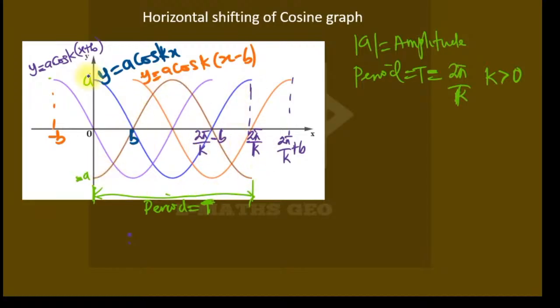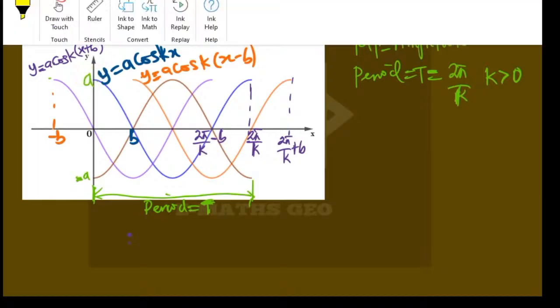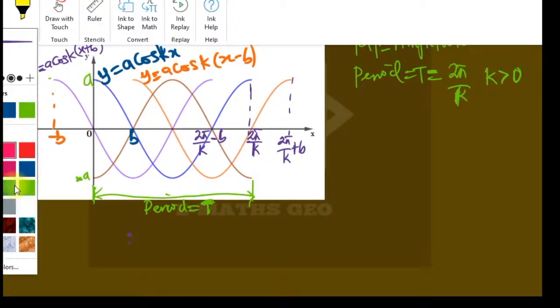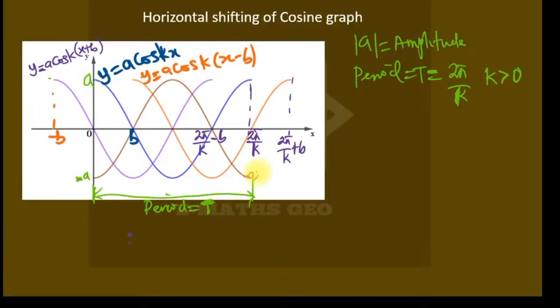So we've gotten the, okay, remaining this last one. The last one, that's the brown one. The equation is y equal to minus a cos kx. So that's the equation of this last one.